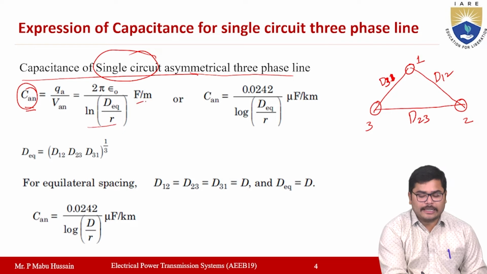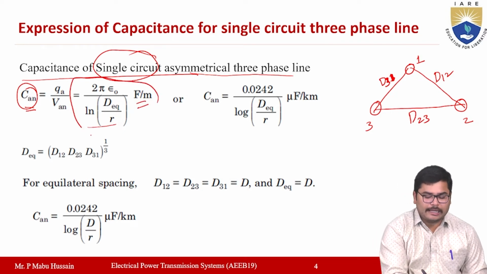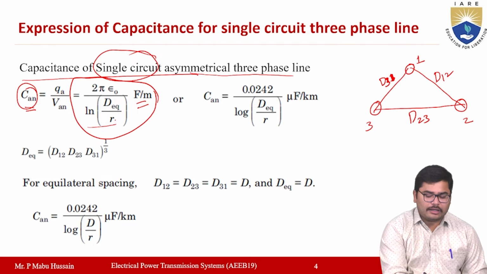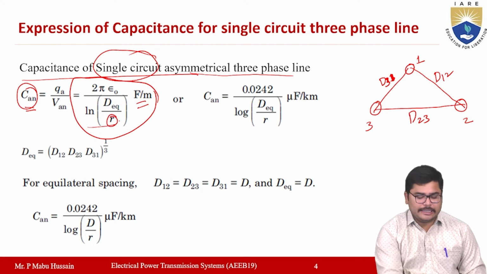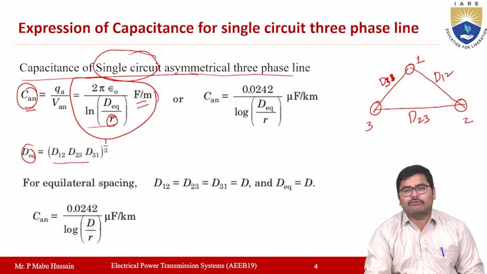The units are farads per meter, right? So you can use this expression for calculating the capacitance of a single circuit asymmetrical three-phase transmission line. And here r is the radius of each conductor, and D equivalent here is D12, D23, D31 whole to the power of 1 by 3, which is called the equivalent equilateral spacing, right?